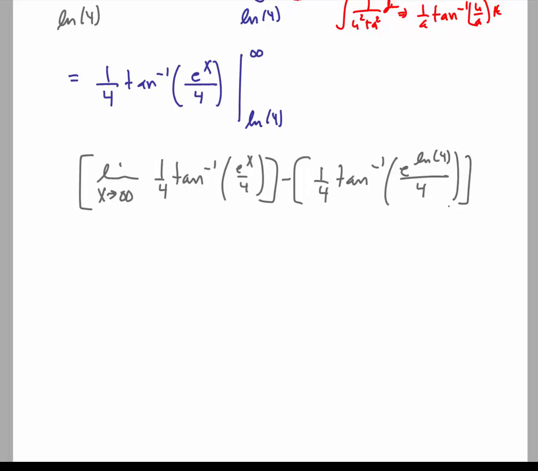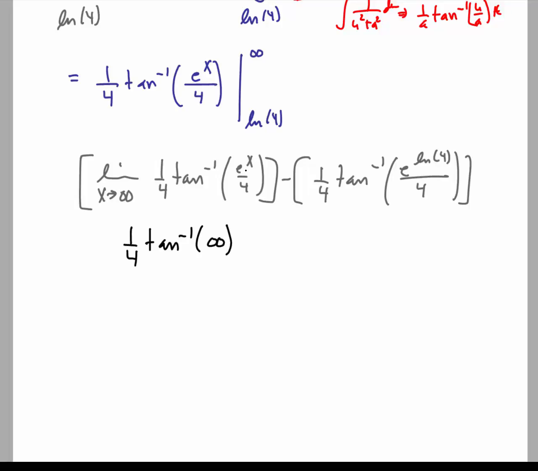As I'm looking at this, for this first piece, as x approaches infinity, e to the x is going toward infinity. So basically what this boils down to is 1/4 inverse tangent of infinity.